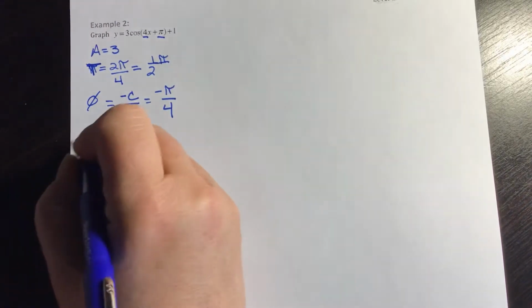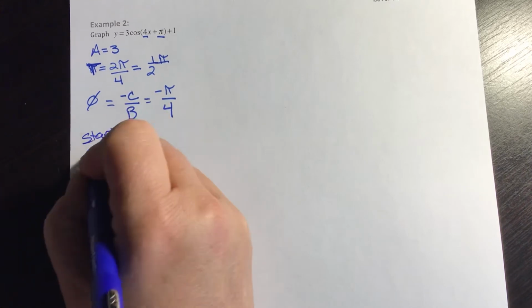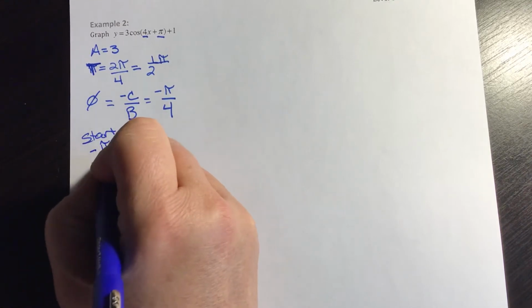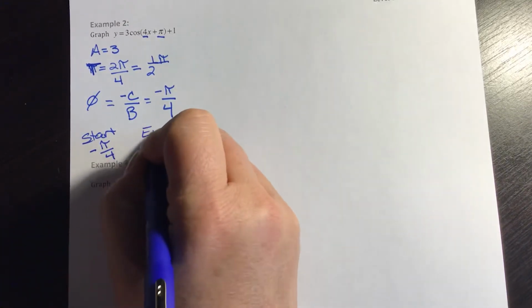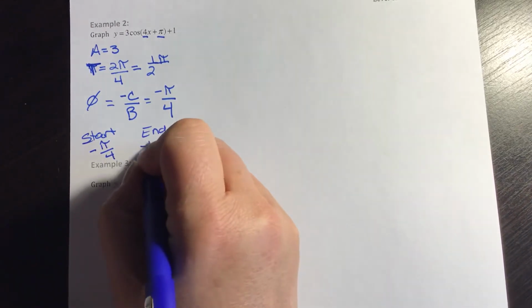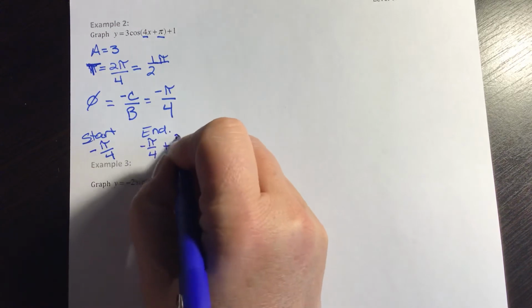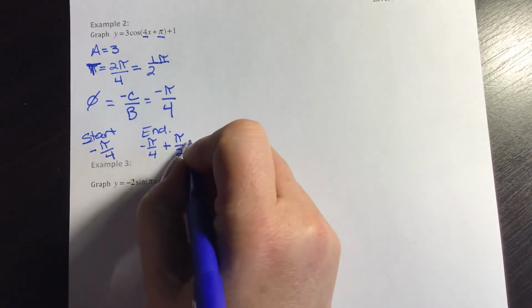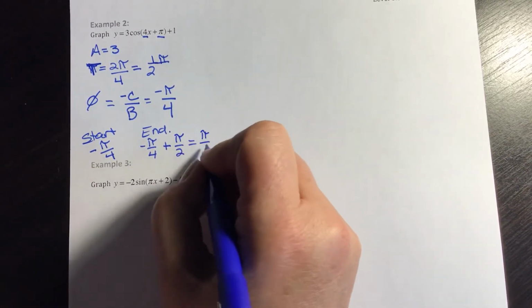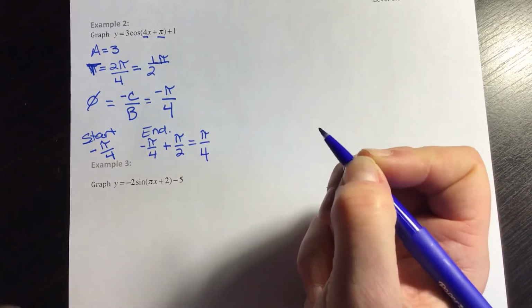I'm going to start at -pi over 4. I'm going to end at -pi over 4 plus my period, which is pi over 2. If I add these together, I'm going to get positive pi over 4.